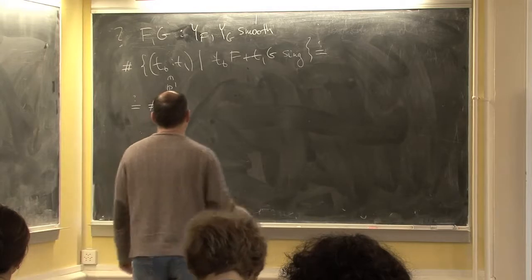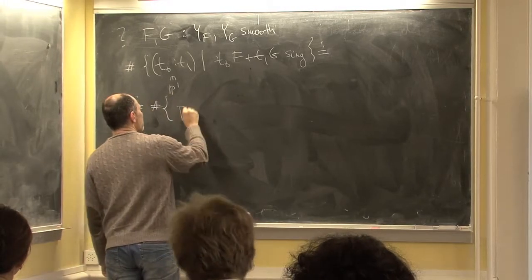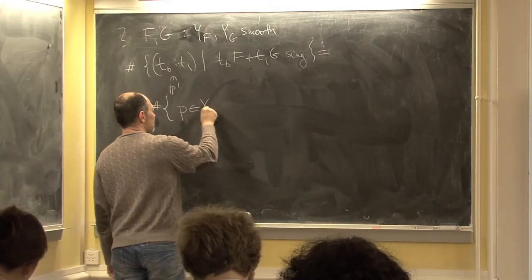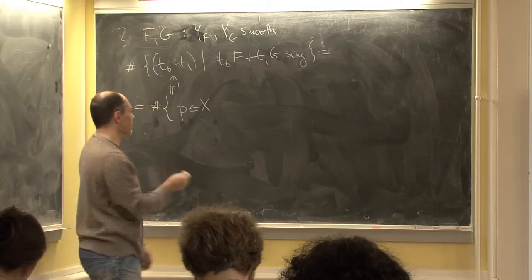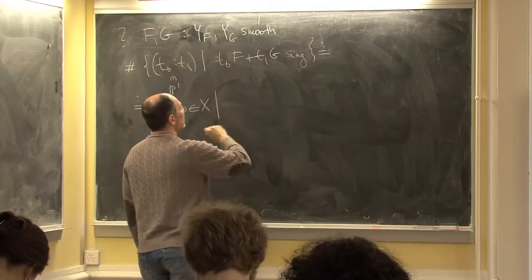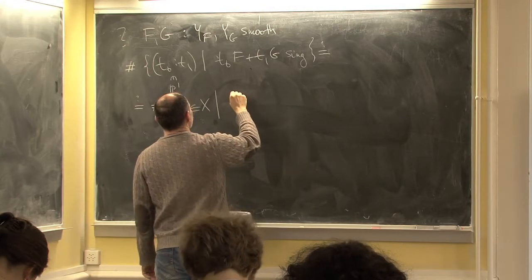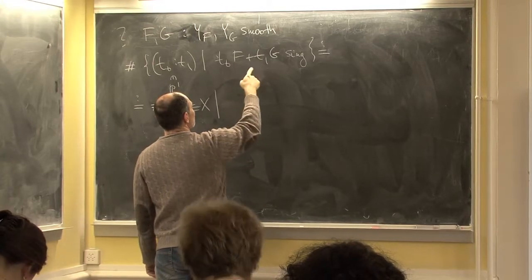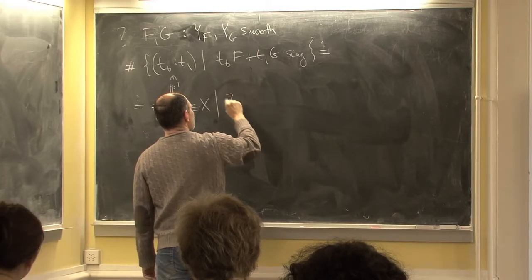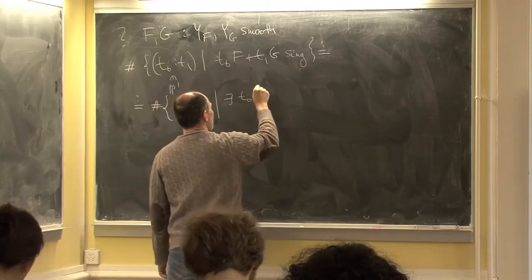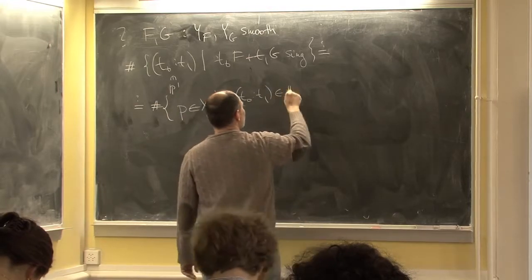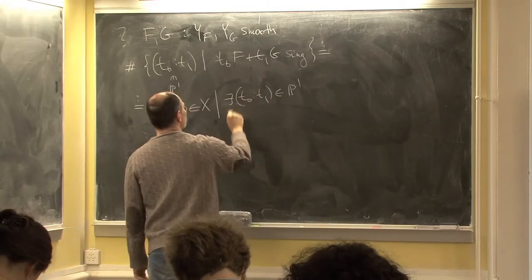So this is just the number of points P in X, such that there exists a T0, T1 in P1 where this is true.